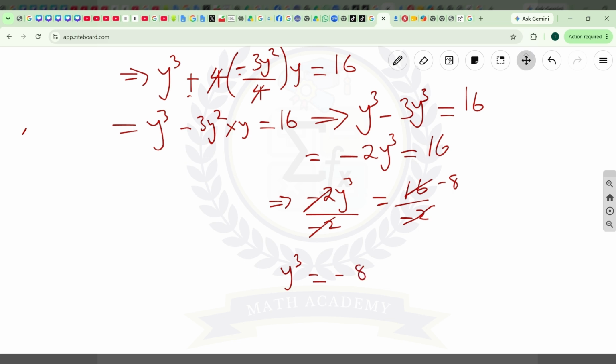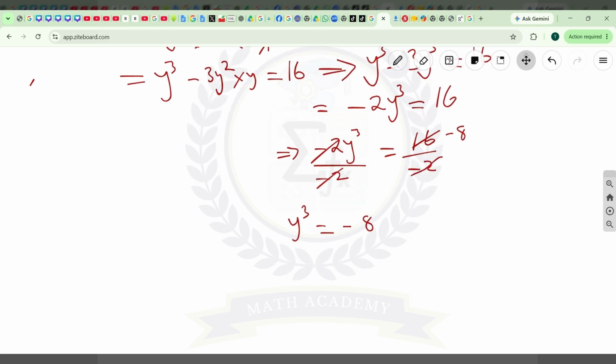So I'm going to take the cube root of both sides. Taking the cube root simply means I'm going to look for a number such that when I multiply it 3 times, I get 8, and that number is 2. So the cube root of 8 is 2. Therefore, y is equal to negative 2.